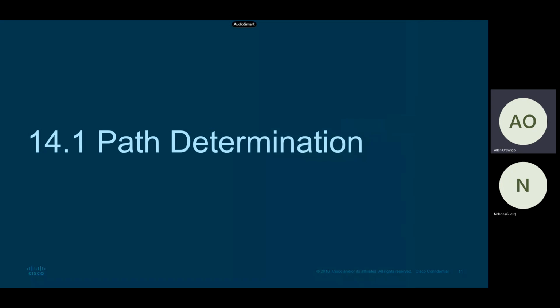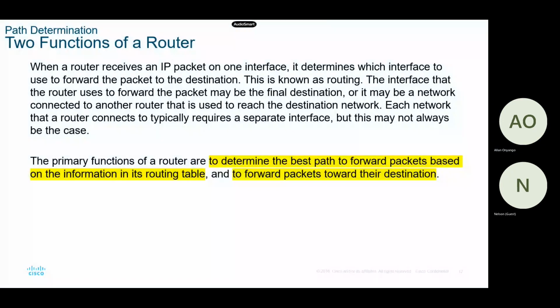The first thing to note is that when a router receives a packet, or a message, on one of its interfaces, the router will determine which interface to forward that packet to. And in most cases, the process of transferring a packet from one network, through one of the router interfaces, to another interface within the router, this is what we call routing, okay?